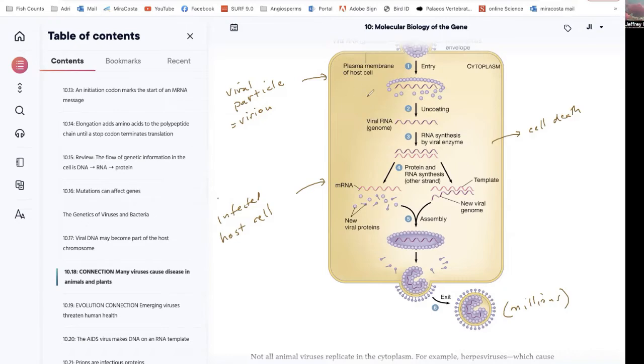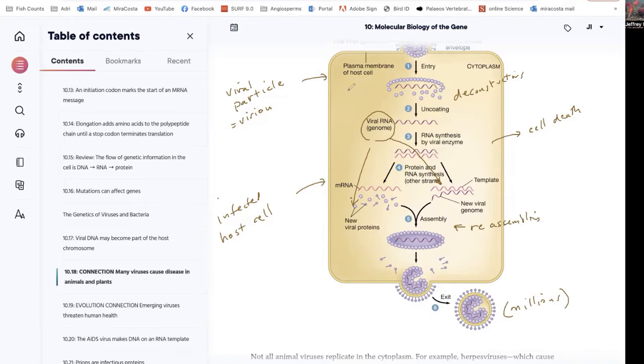The other thing here is that in the cycle, we're taking the viral genome, making lots of new viral genomes over here. We're making more viral proteins over here, and then we're assembling, right? It's like we're deconstructing the virus into protein and the genome, and then we're reassembling the new particles.